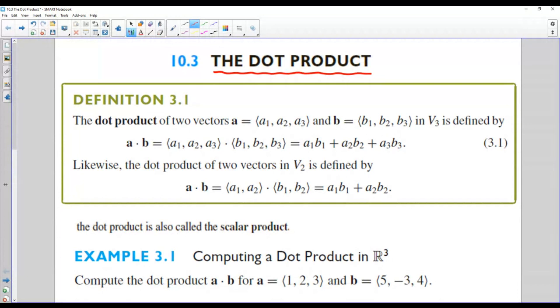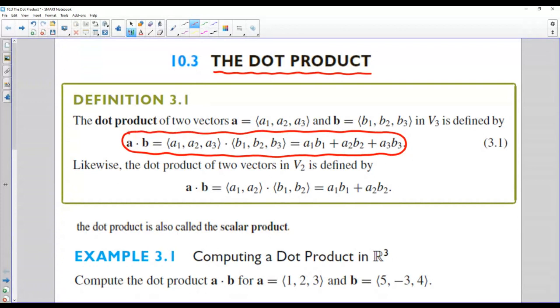The dot product in 3 dimensions is defined by this rule. If you have a vector A that you want to multiply by a vector B, the dot product, so that's A dot B, it's A1 multiplied by B1, then you take A2 and multiply it by B2, and finally A3 multiplied by B3, and you add those.